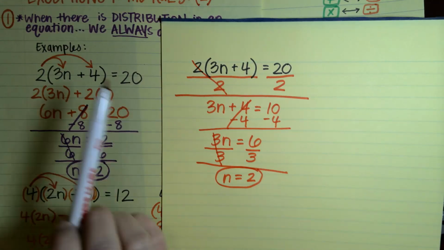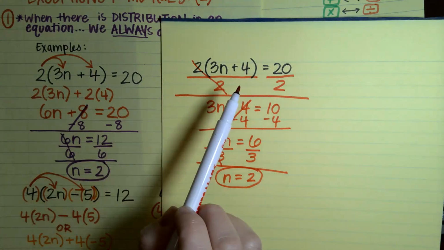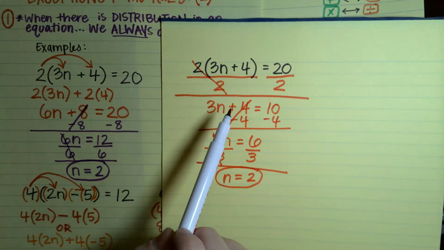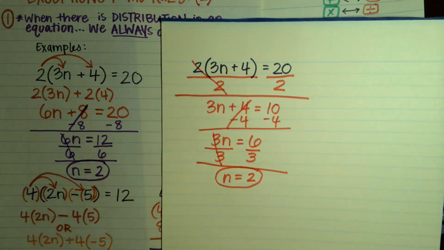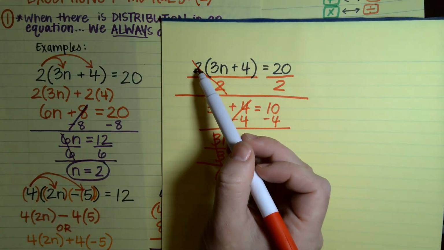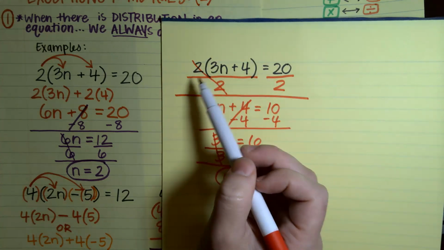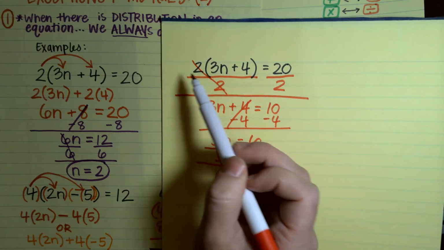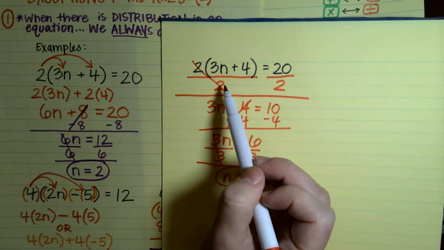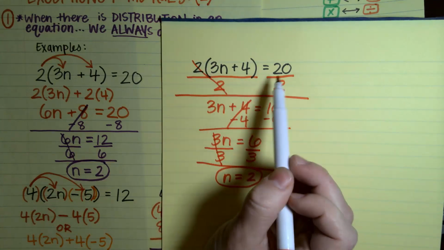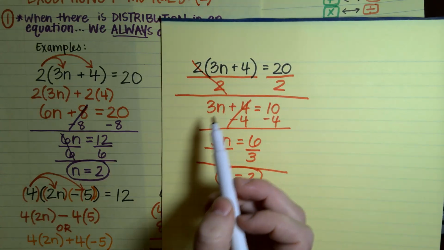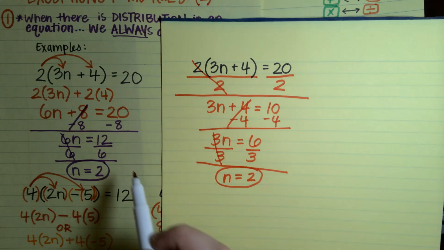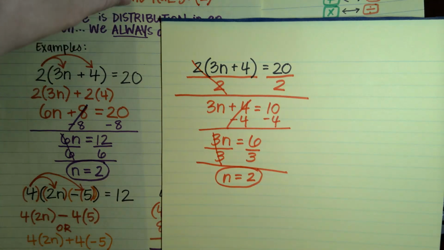Now, instead of doing all that, over here, we just got rid of the distribution by using our inverse operations. We know that 2 outside of a parentheses means 2 times something. To get rid of multiplication, we divide. We just got rid of the 2 on both sides, and then we got the same answer. Let's try the second one like that.